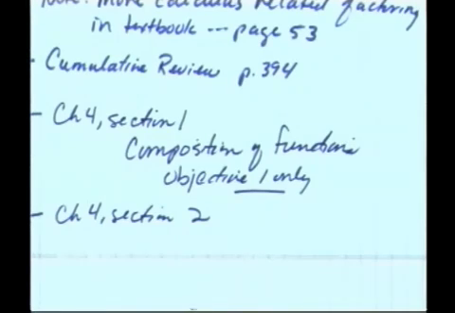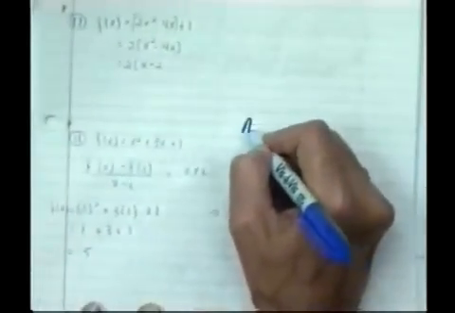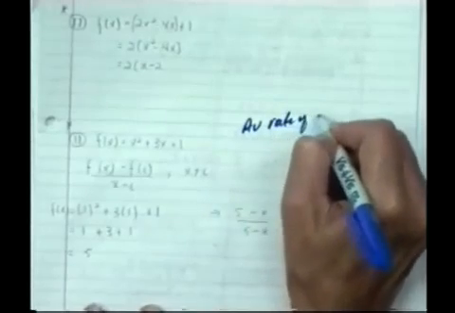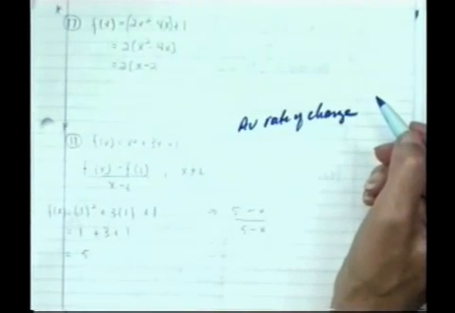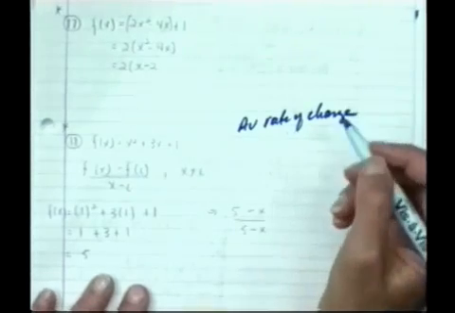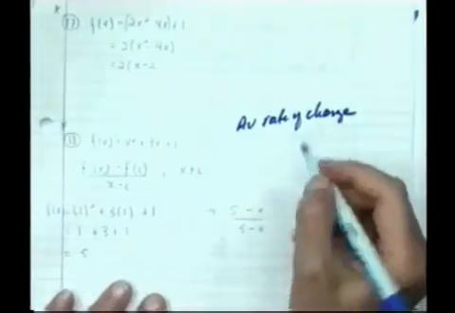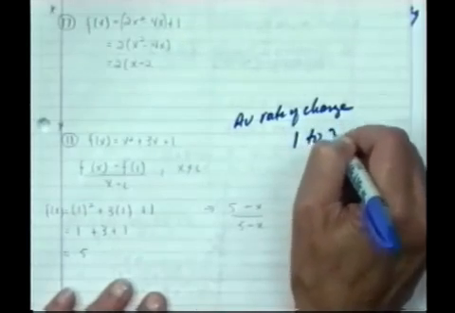Problem number 18. Problem number 18 asks us to find average rate of change. Average rate of change is just the slope of the line between 2 points, which is the slope of the secant line. Our 2 points are going from 1 to x.